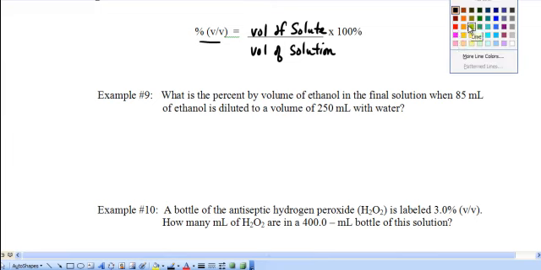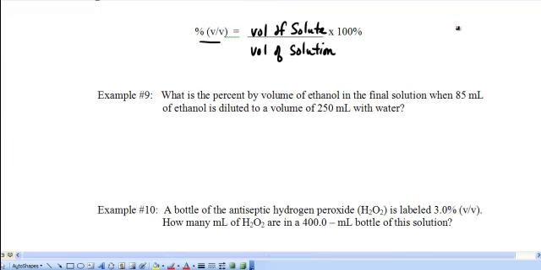Let's go ahead and change up colors. Let's go with red here, just for the heck of it. What is the percent volume of ethanol in the final solution when 85 milliliters of ethanol is diluted to a volume of 250 milliliters with water? So again, your percentage by volume is going to equal the volume of the solute, which in this case was 85 milliliters, divided by the total volume of the solution, which is 250 milliliters, times 100%.